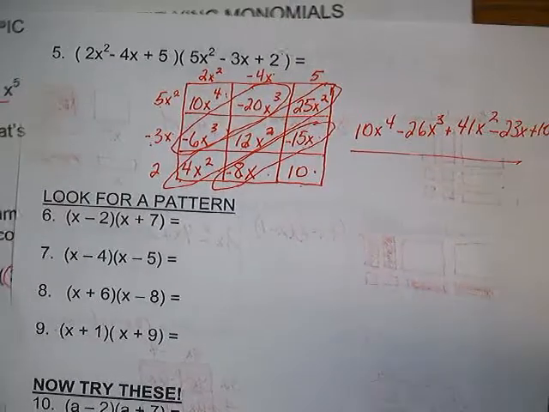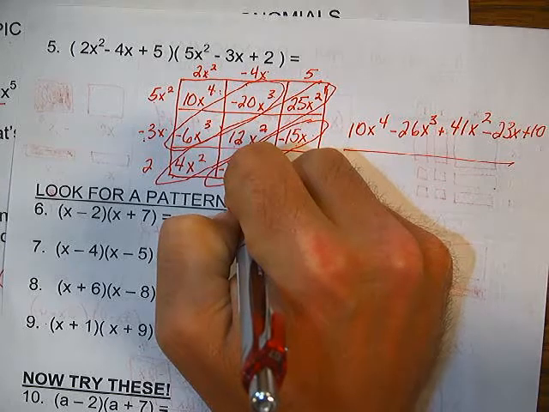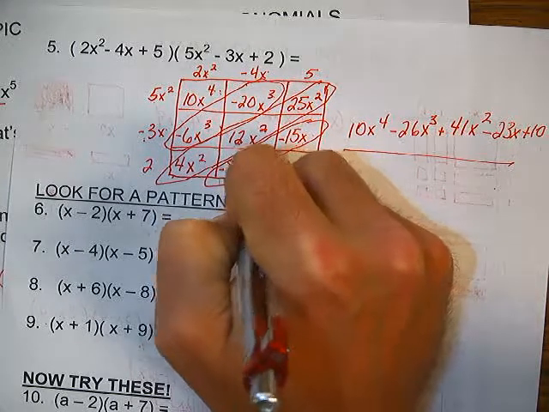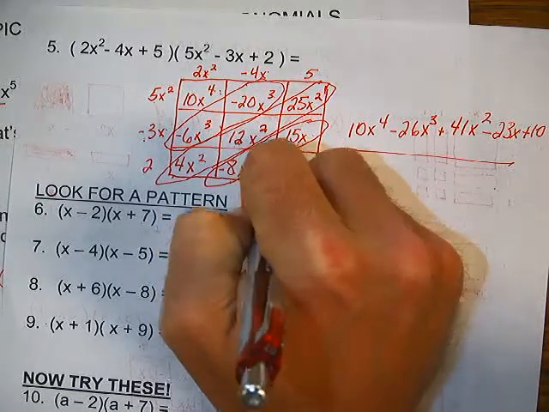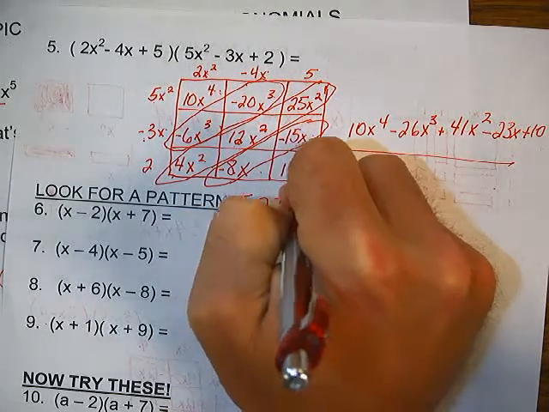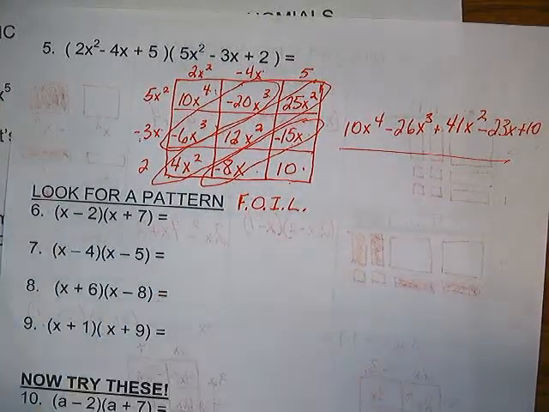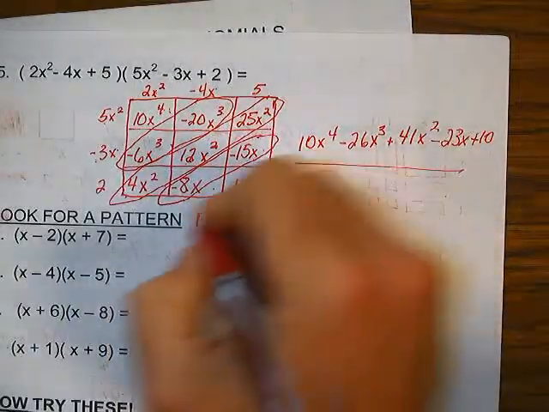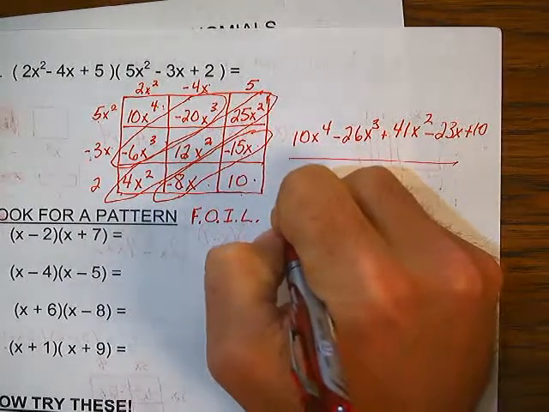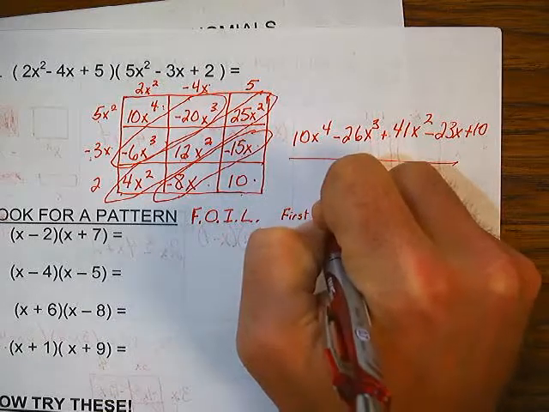The next way we're going to look at this is by using the FOIL method. Okay, now, this is the same thing as the box, but you don't have to draw the box. We're still doing the exact same thing. Now, the F in FOIL stands for first. The O stands for outer.